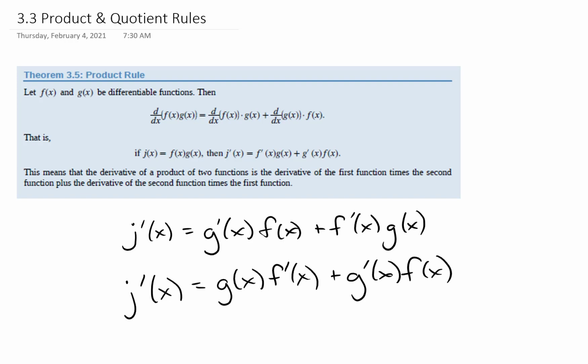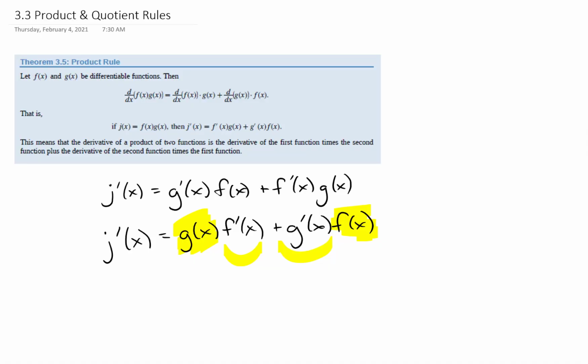So the important thing to remember is that you get one function times a derivative, and then the derivative of that other function, so in this case g, times the other function just by itself. So as long as you get those combinations in there, the order for the product rule doesn't make a ton of difference. If you would like a full proof of this theorem, you can take a look in your textbook.